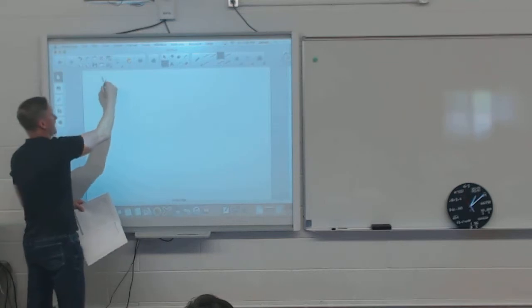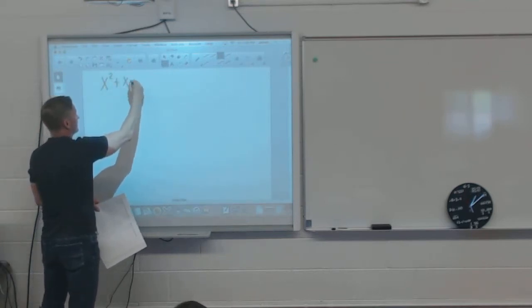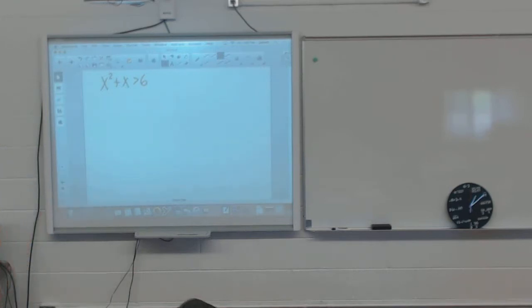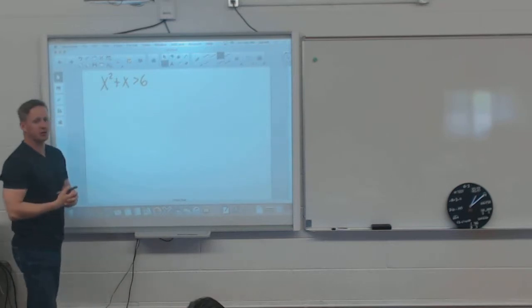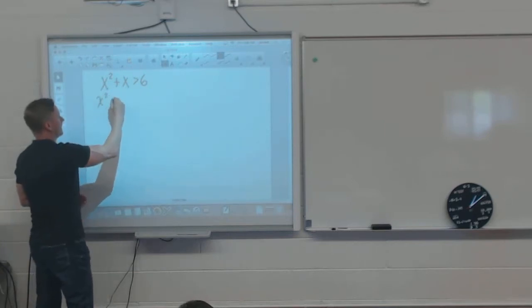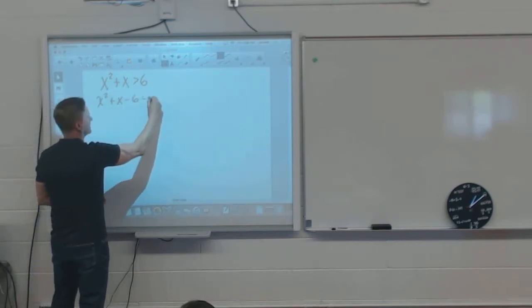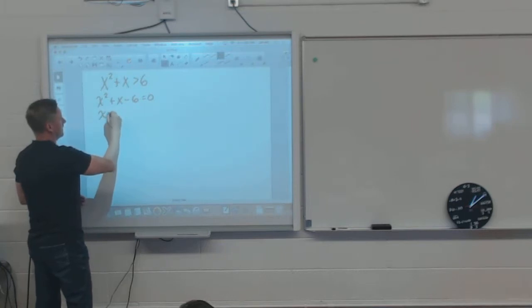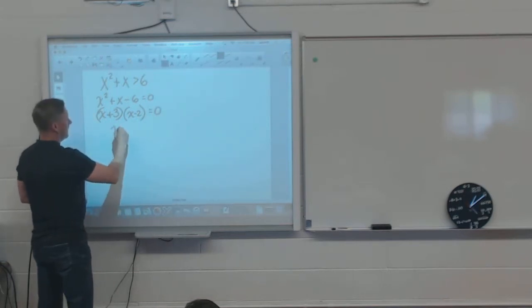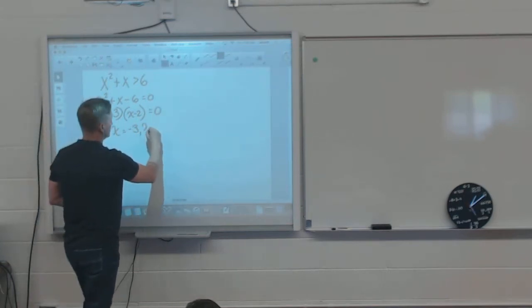We've got x squared plus x greater than 6. Okay. So the first thing that I need to do here is change this to an equals, and I'm going to solve it like I solve all my quadratics, hopefully by factoring. x squared plus x minus 6 equals 0. (x plus 3)(x subtract 2) equals 0. x is equal to negative 3 and 2.